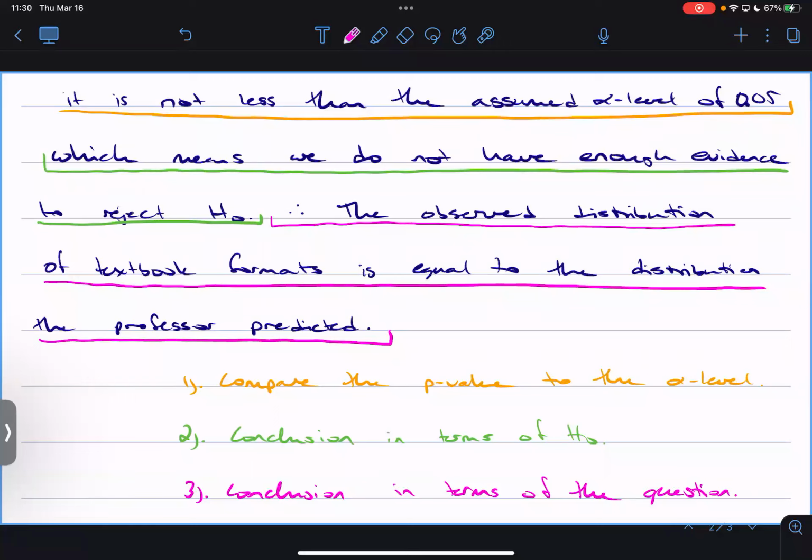So each one of those is a mark. Ideally, I want you to tell me what the p-value is, because often that's where you catch yourself. If you tell me that 0.15 is less than 0.05, I can't give you a mark there, but if you follow through and tell me that I have enough evidence to reject H naught, that's fine.